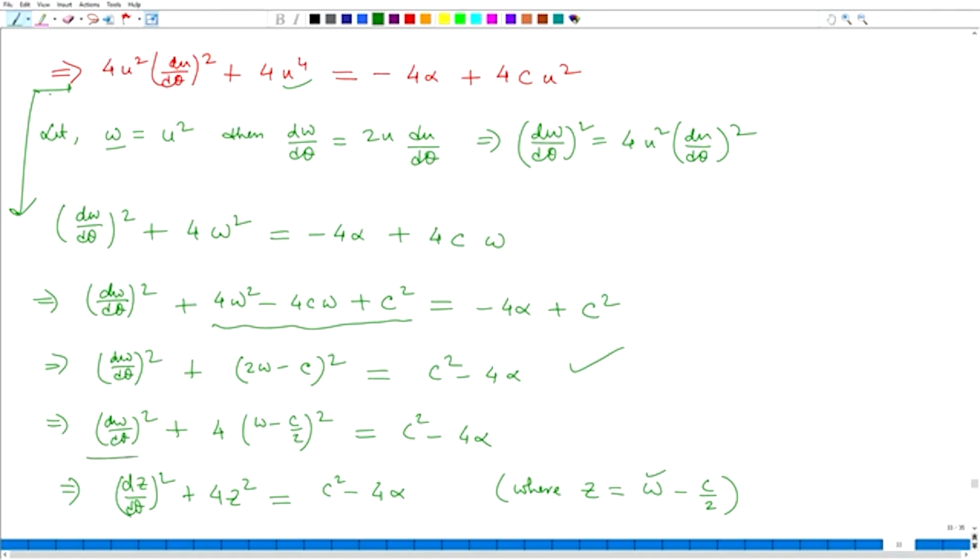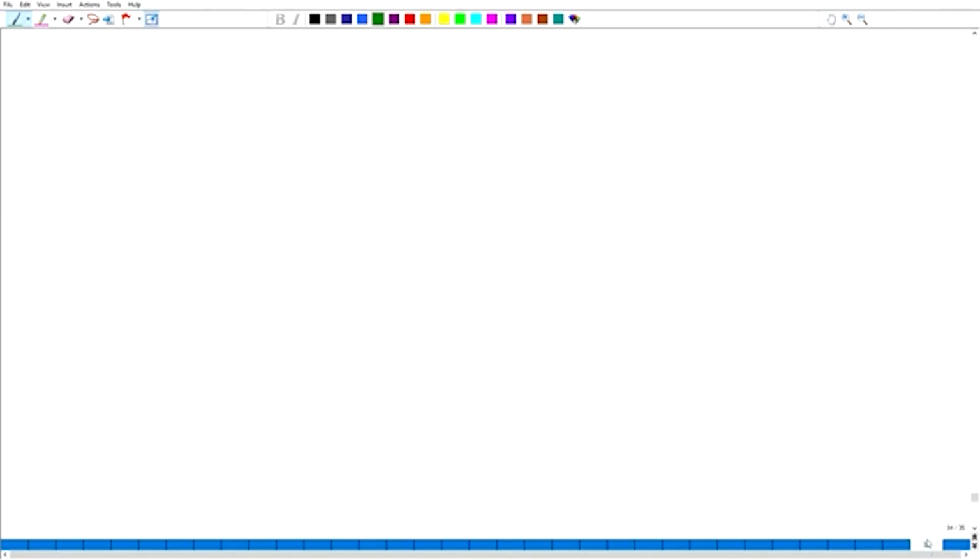So this is a form of quite importance, because once you have this, you can immediately differentiate it with respect to θ, and you get d²z/dθ² plus 4z is equal to 0.